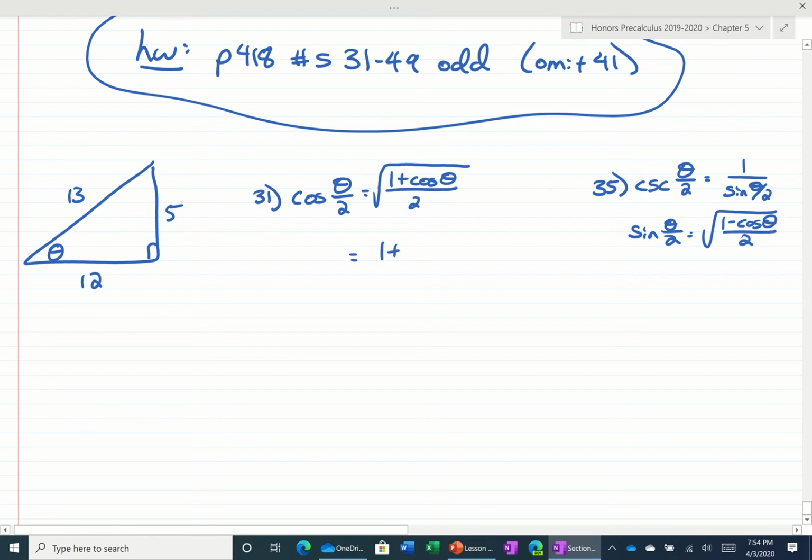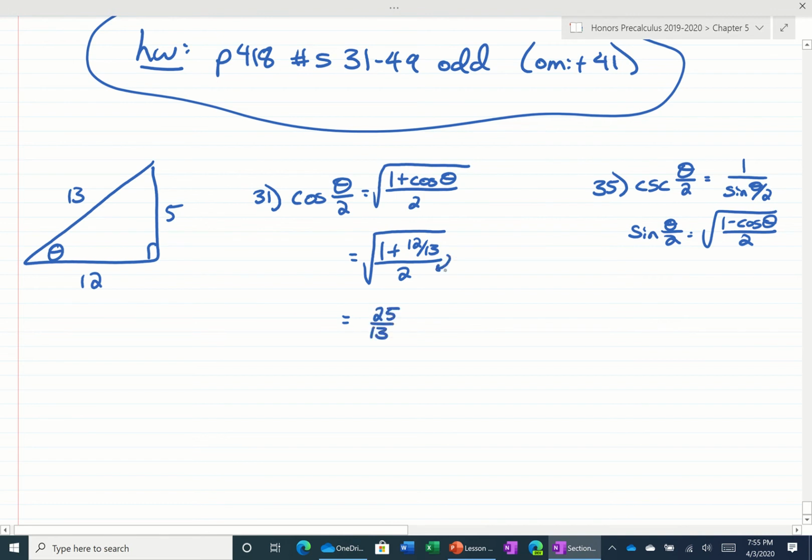This is going to be 1 plus the cosine, 12 over 13, divided by 2. 1 plus 12 over 13 is, let me see here. Well, it's really 13 over 13 plus 12 over 13 is 25 over 13.